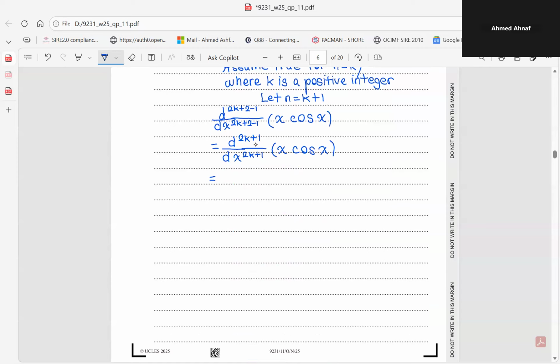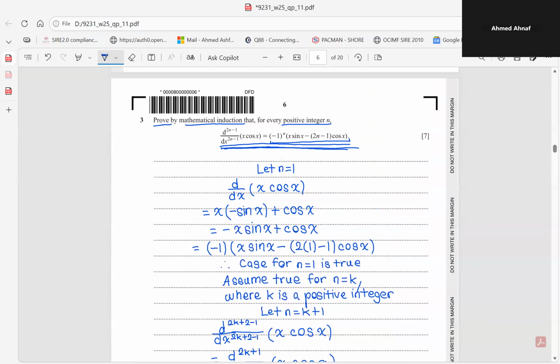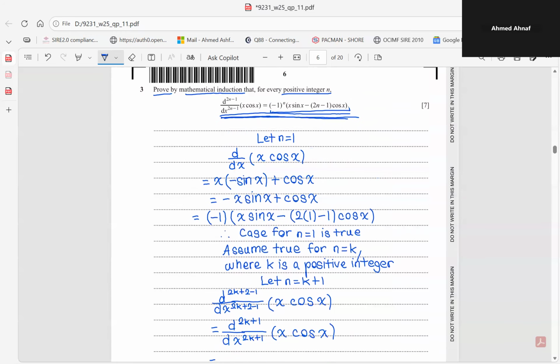So to start off, whenever you see a plus 1 in proof by induction for differentiation, it just means that you differentiate it one more time.